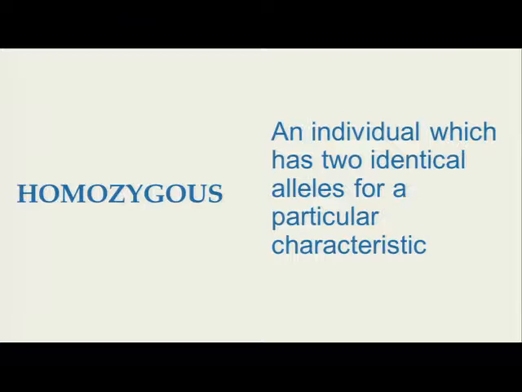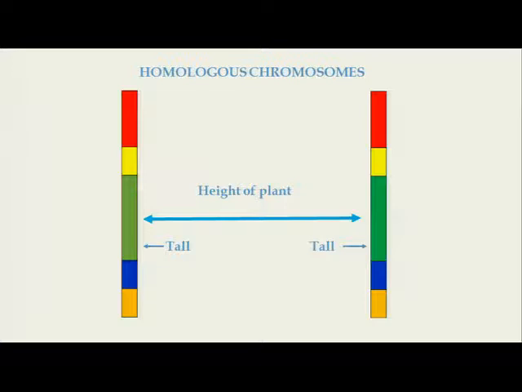In the case of the concept being homozygous, it's again identical alleles for a particular characteristic. Let us explain that by using the diagram once again. I used exactly the same characteristic, namely height of plant. But now it is important to note that the gene indicated there determines the plant to be a tall growing plant.